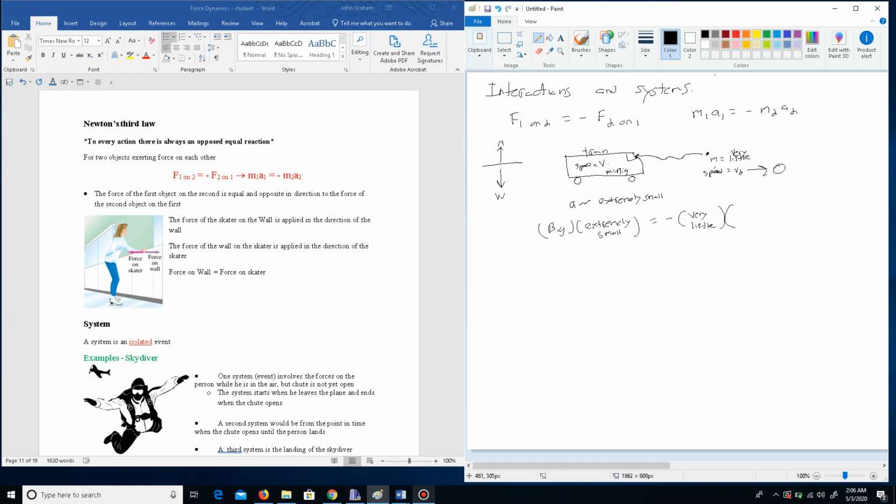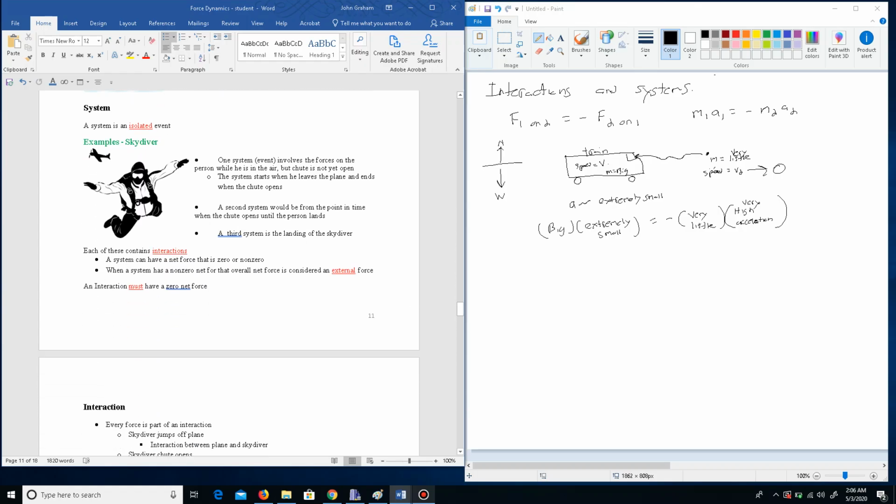It also accounts for the negative sign. It's a very high acceleration. But they end up equaling each other. And so that's the idea behind Newton's third law.